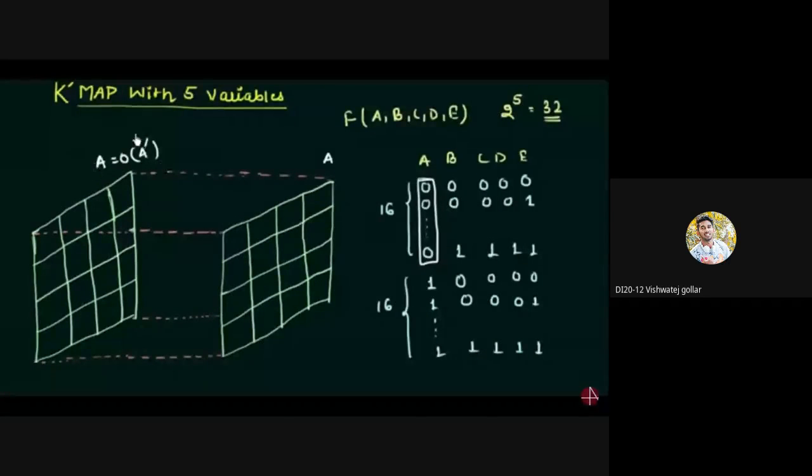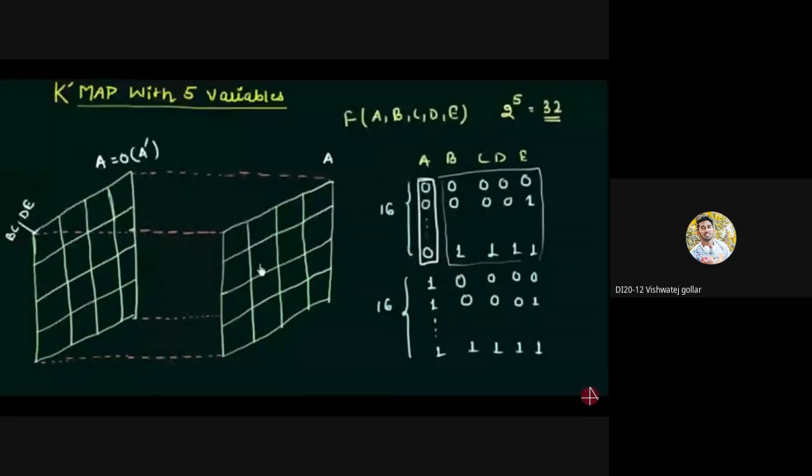So if I keep A as 0 for this map, I can simply write down B, C, D, E as I used to do in a 4 variable K-map. So this will be your B, C, D, E.